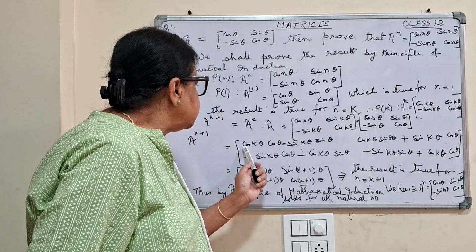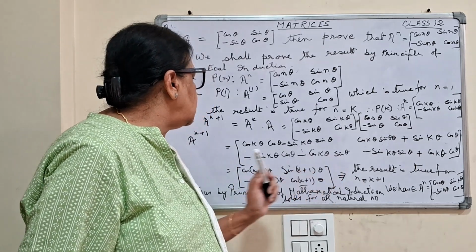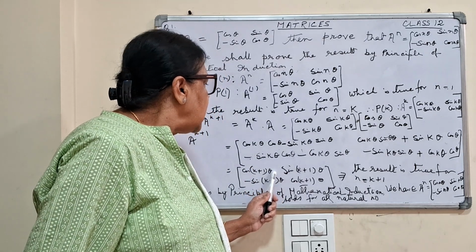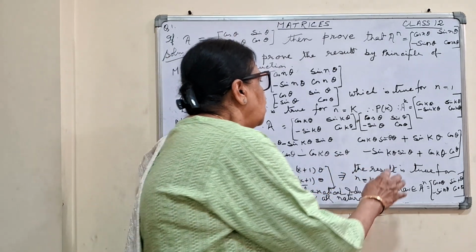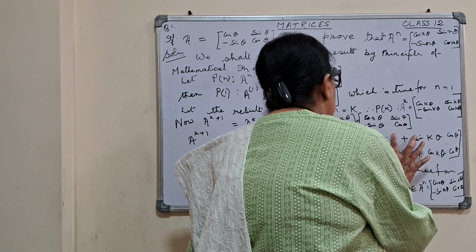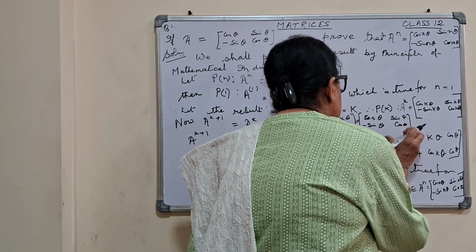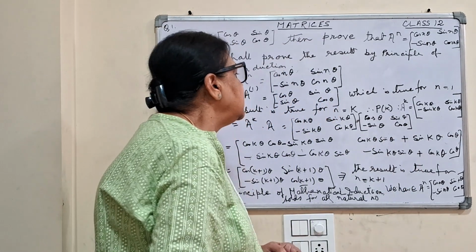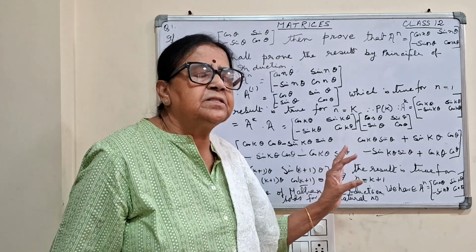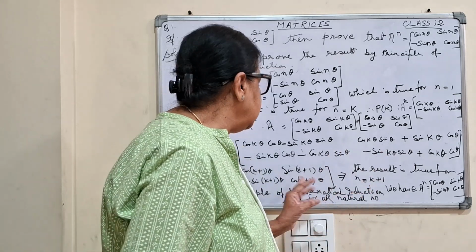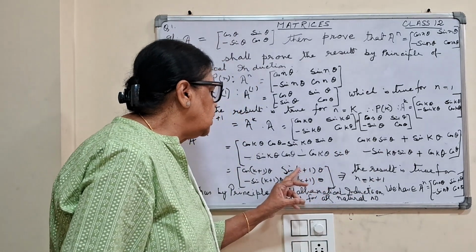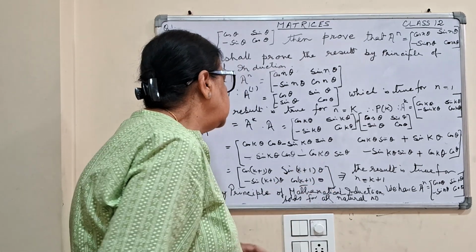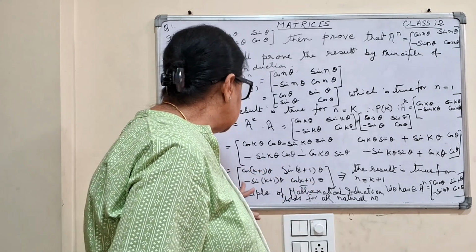Now whose formula is this? This is cos k plus 1 theta, and this formula is cos A cos B minus sin A sin B. Then cos A sin B plus sin A cos B, whose formula is sin A plus B, that is sin k plus 1 theta. Then next line, I have taken minus sign common.